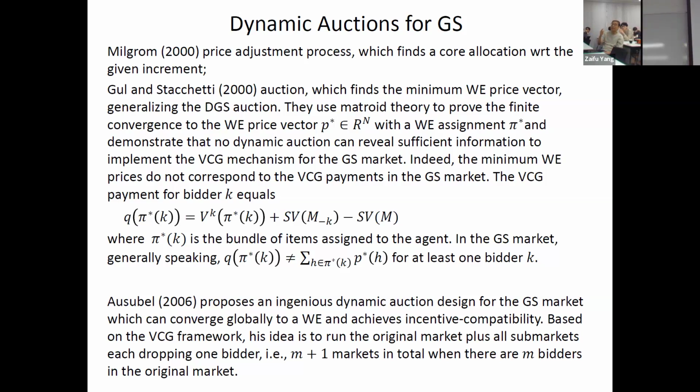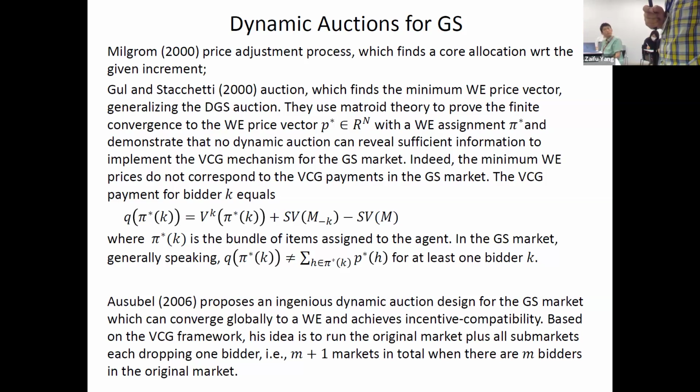An easier one may be the assignment case. Why is the VCG payment equal there? I think this is basically because you demand more than one item. That's the issue.